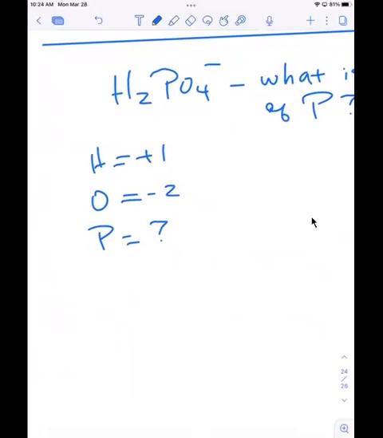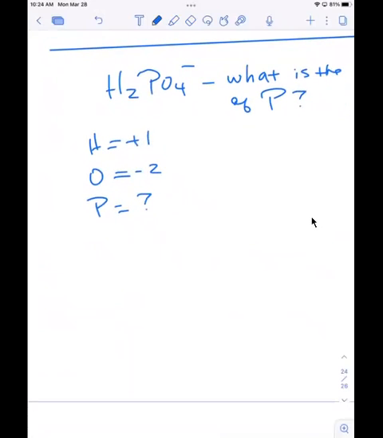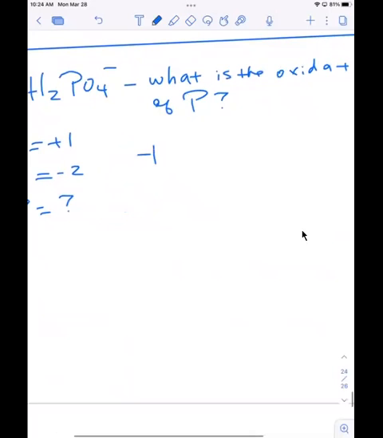All right. So what's the overall charge that we're going to set everything equal to? -1. Excellent. The overall charge, that's important. Once we know that, we set everything equal to that number and solve for the unknown. So here, -1 is the overall charge.